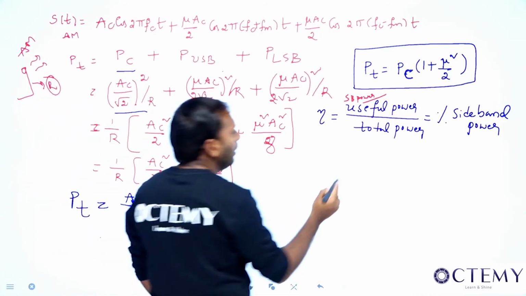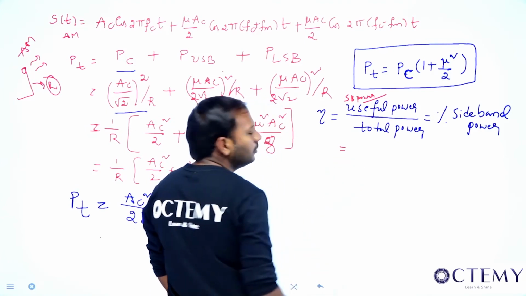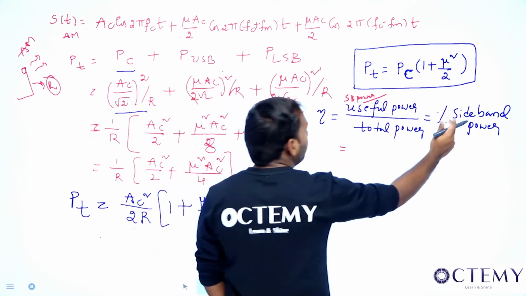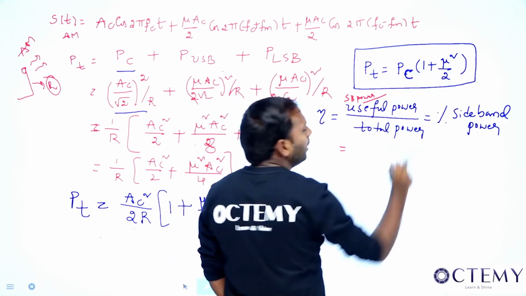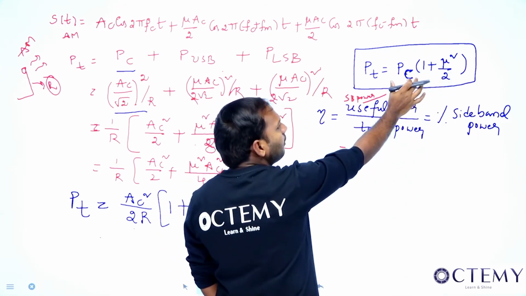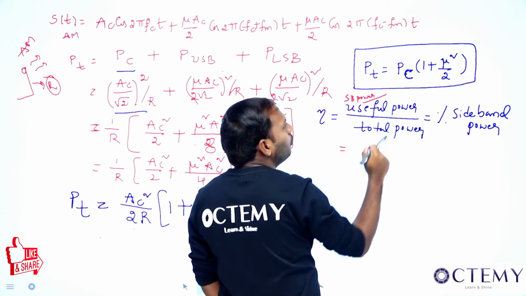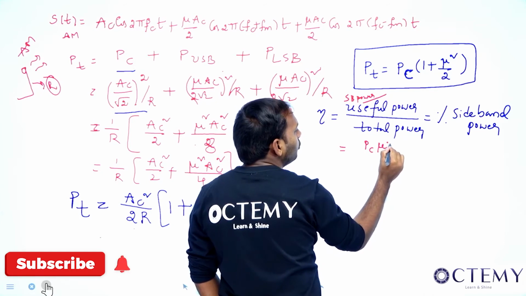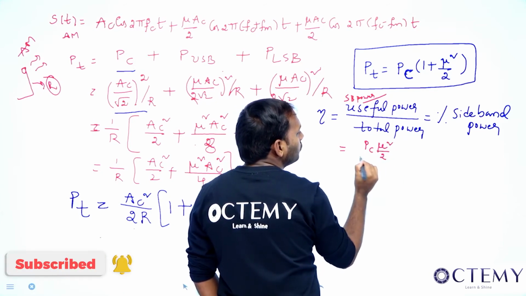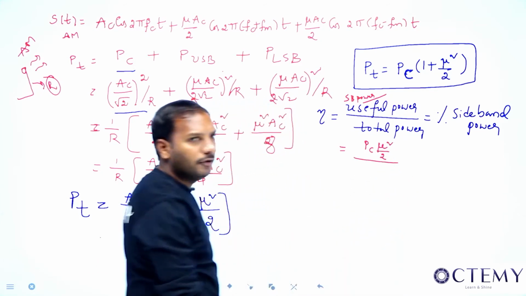So this is the sideband power, which is equal to PC into mu square by 2. You have to subtract one PC from this whole, so PC you remove. What is the remaining? PC mu square by 2 divided by total power.